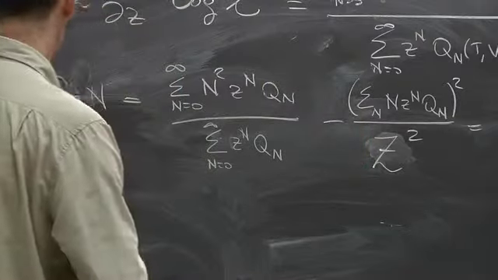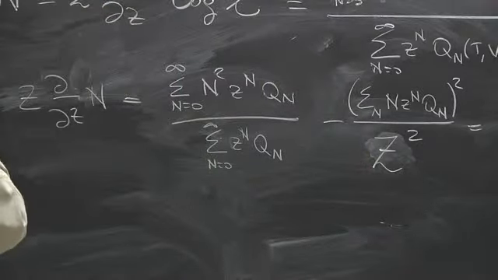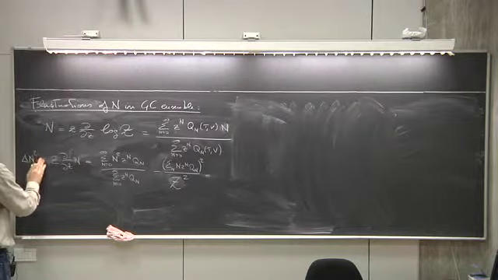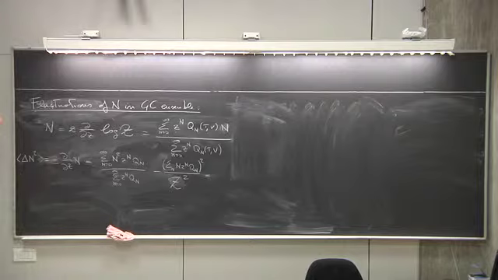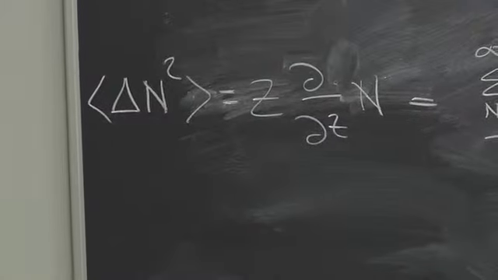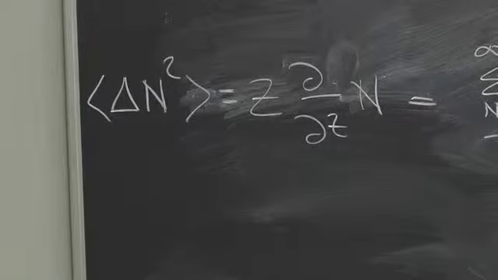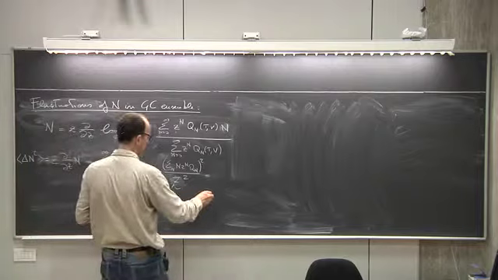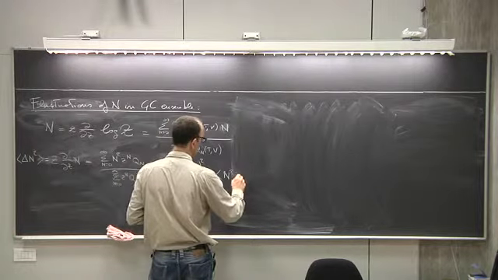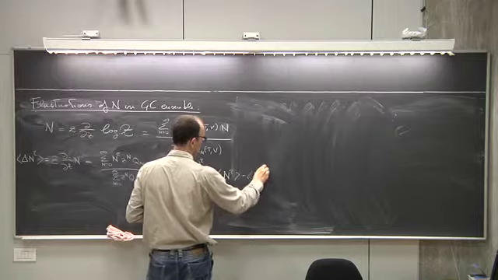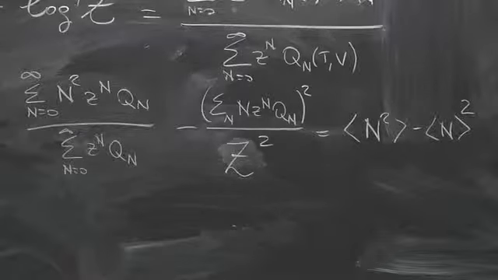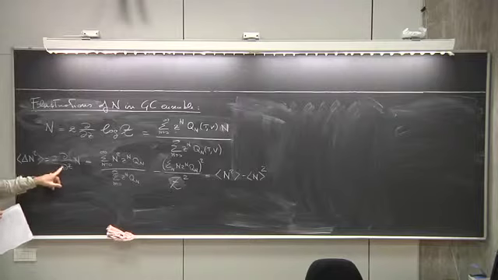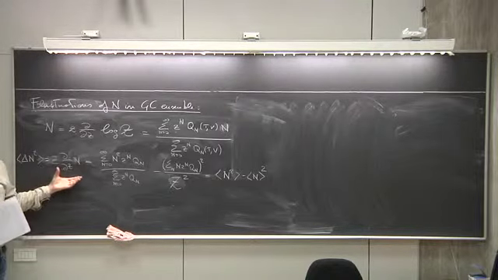So this is precisely equal to the square fluctuation of the number of particles, and so this is exactly n squared minus average n squared. And actually now, you see that you can relate this to thermodynamics.